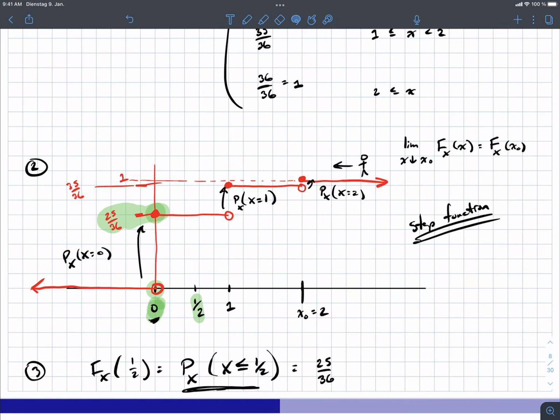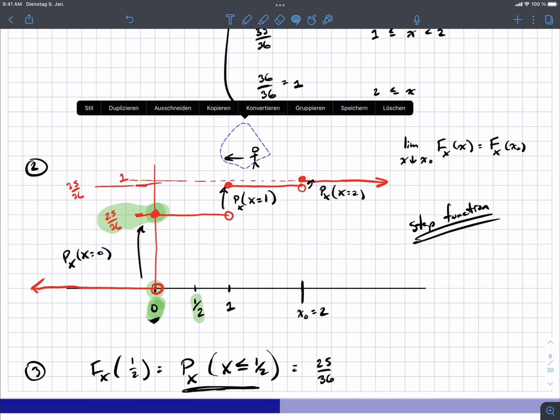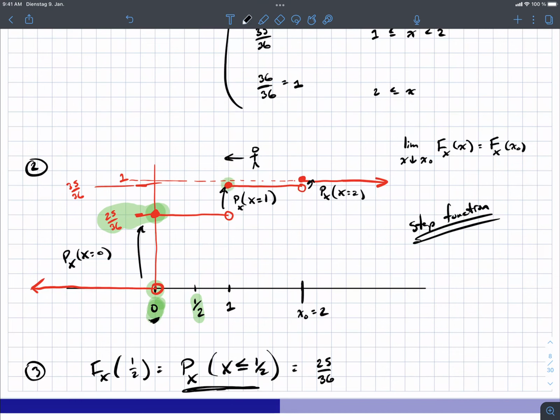So if I take the limit going this way, it's the same as the value of the function at that point. If I start here and go this way, taking the limit, I get this value. But if I take the limit from below going up, I get this value, which is not equal to the value of the function.